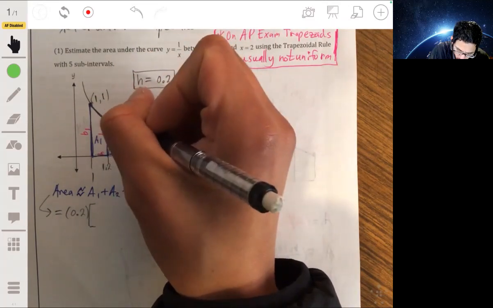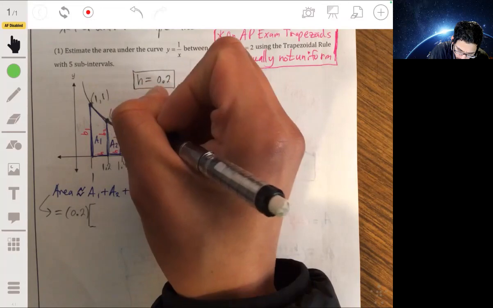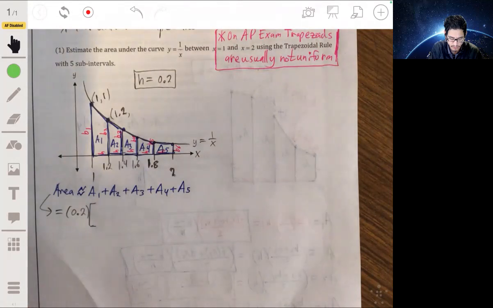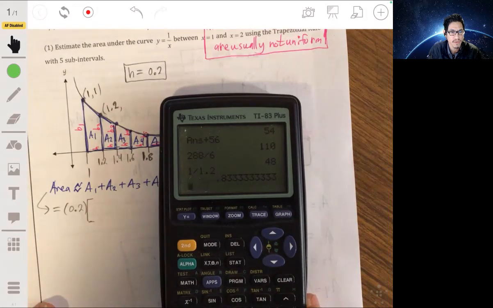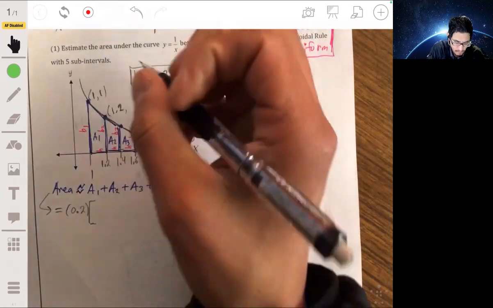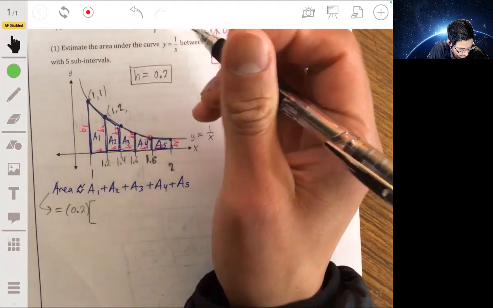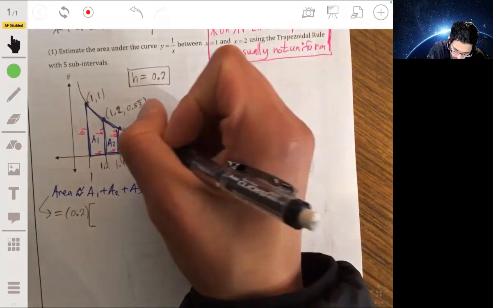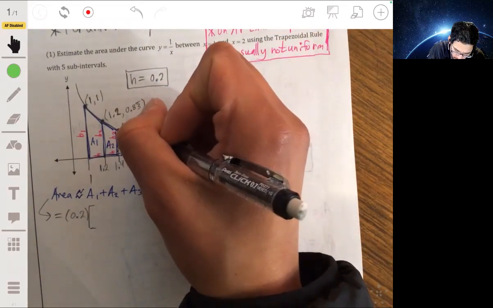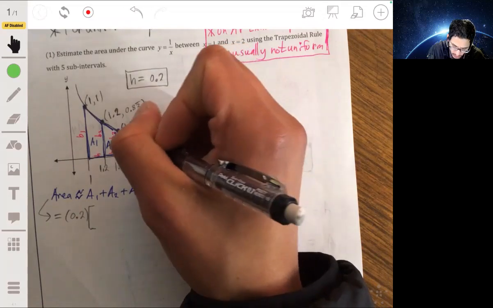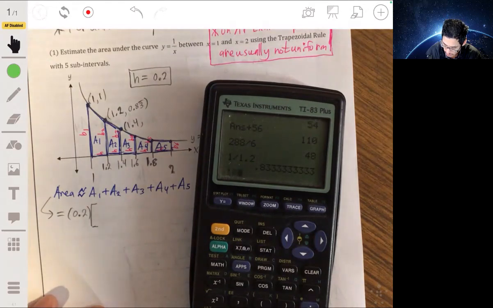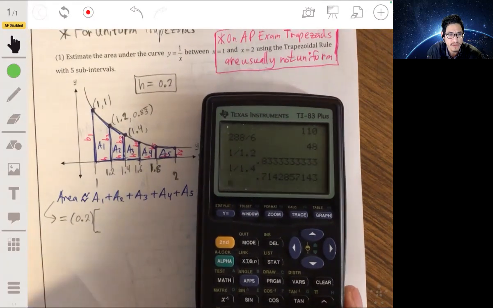This next one will be at 1.2, comma, f of 1.2, which is 1 divided by 1.2, 0.83 repeating. This one will be at 1.4, comma, f of 1.4, 1 divided by 1.4, 0.714285.